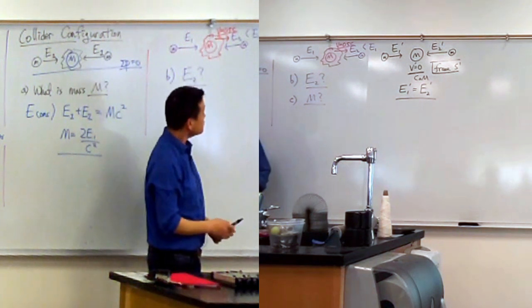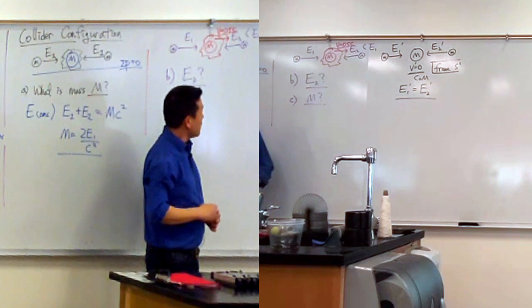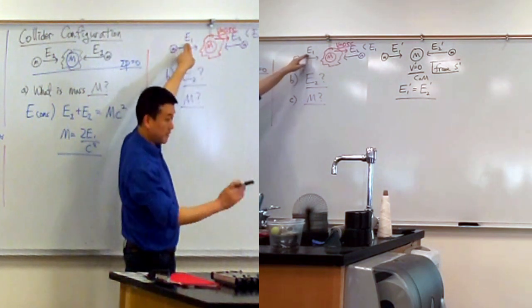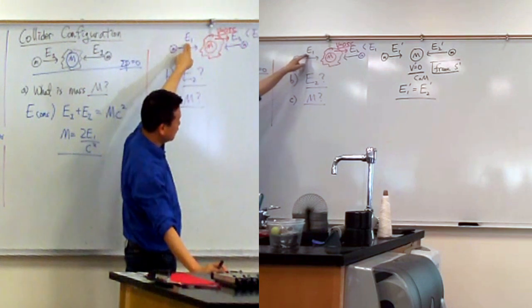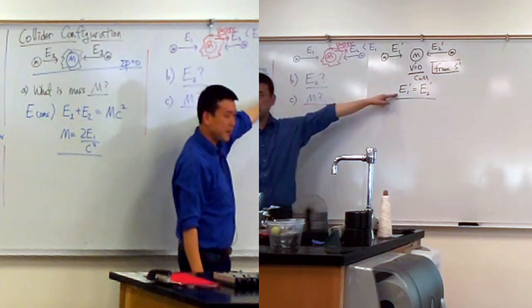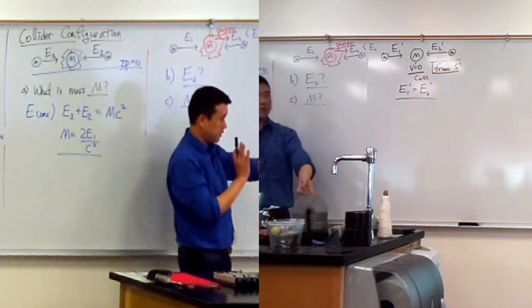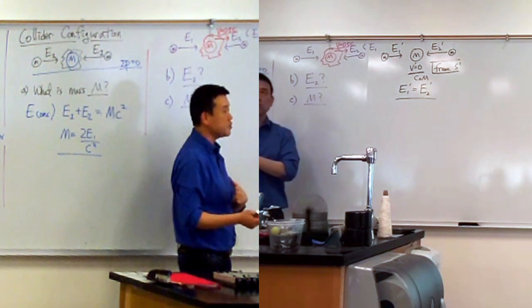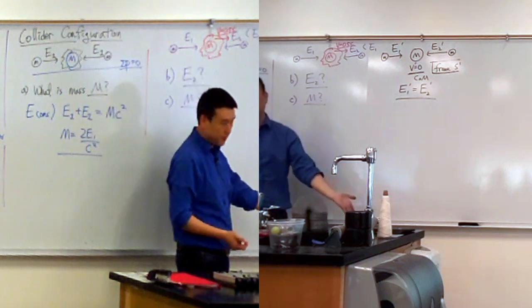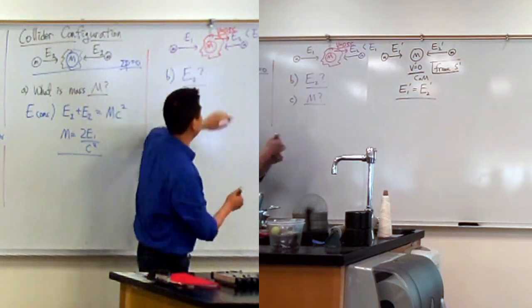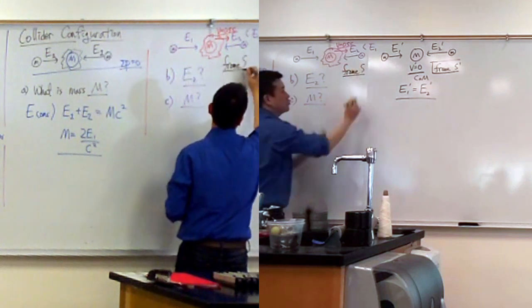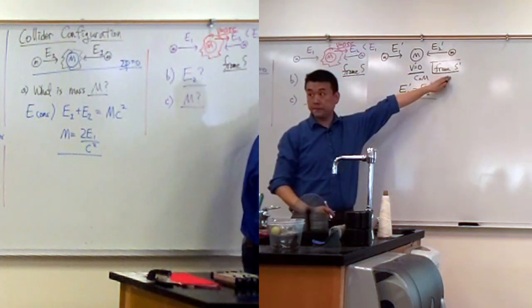So let me ask you this question. You already know what E1 is. That's a given. Do you have enough information to calculate E1 prime? Or let me put it differently: do you know what change of reference frame transformation relates this reference frame, frame S, to this reference frame?